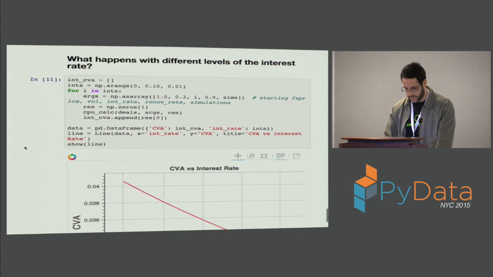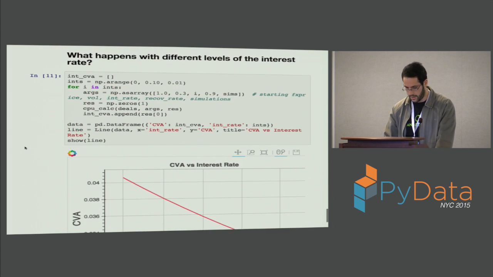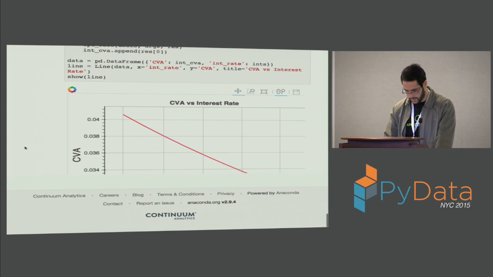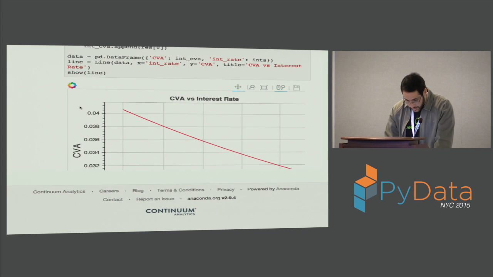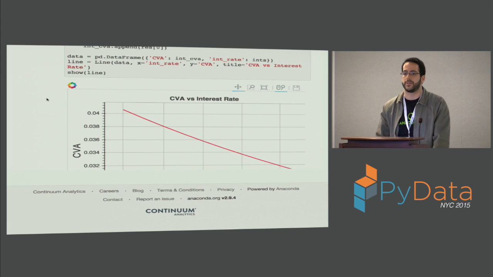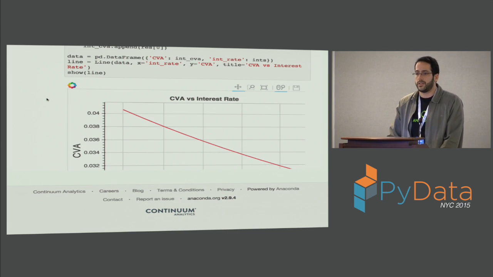Same thing here. I want to see what happens when I start with a different interest rate. Kind of see a little convexity in the curve here, and glean some information from that. Sorry, it looks like the bottom's cut off, but why we want this is I don't want to just look at one number.